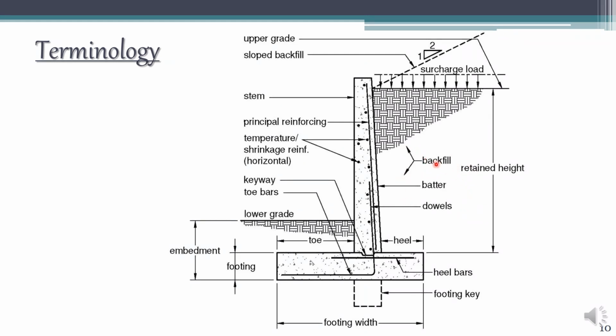Backfill is any material which you have to hold behind the retaining wall. This backfill can be either horizontal or inclined. So there can be a horizontal backfill or a sloped backfill. The slope of this backfill is called the grade.